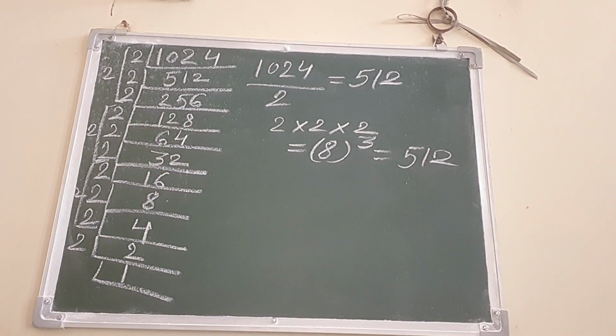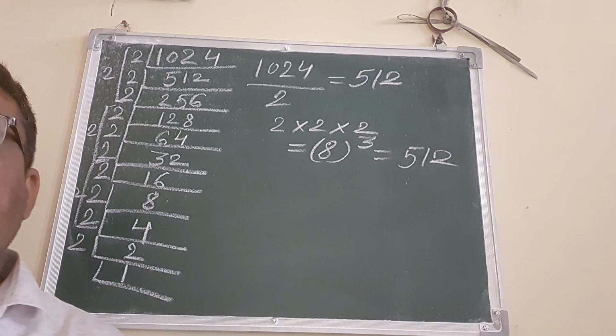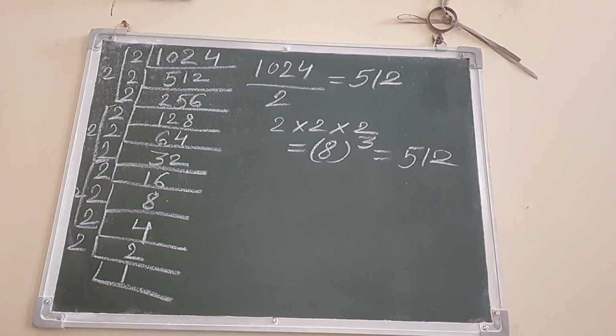So here our question given is 1024. Since it is an even number, it is divisible by 2, and 2 is the smallest prime number. We start with the smallest prime number in doing the prime factorization. So it is coming out to be 512.